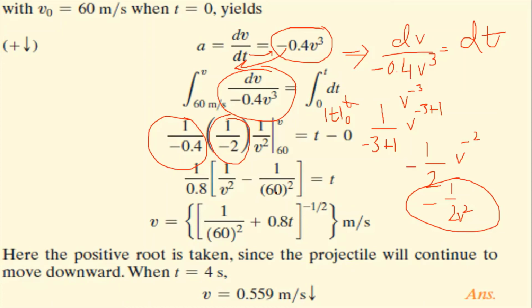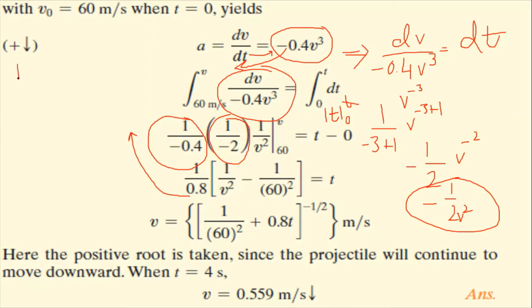So what does it mean? It is equal to t. So 1 upon v squared minus 1 upon 60 squared equals 0.8t. Now we have to bring this v out towards here. So how can we do that? Let me discuss it here. First of all, you have to bring this 0.8 towards here.